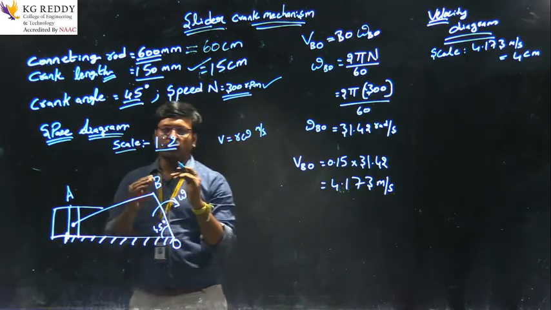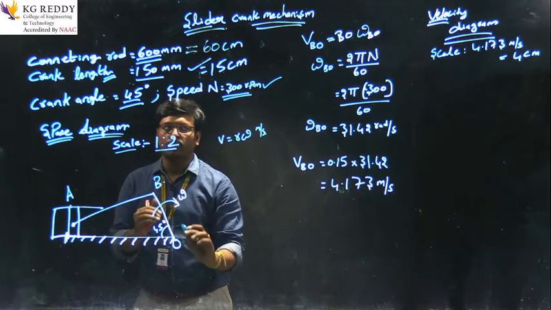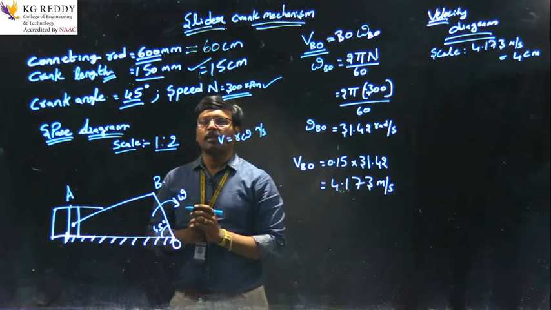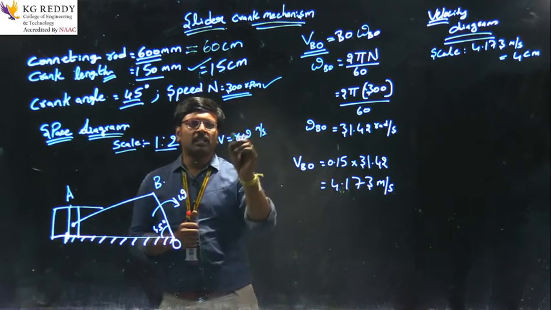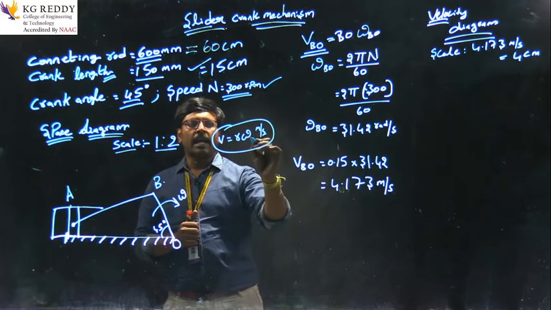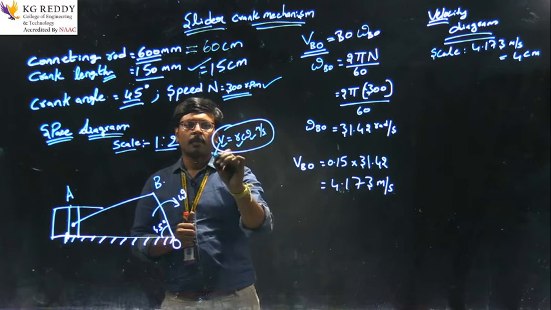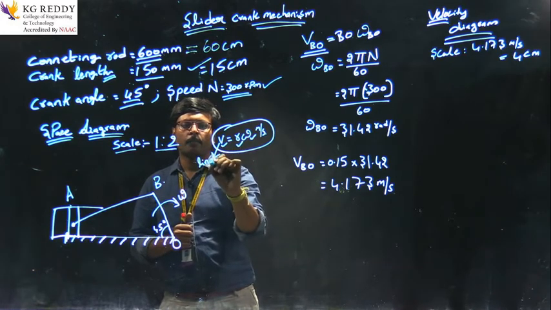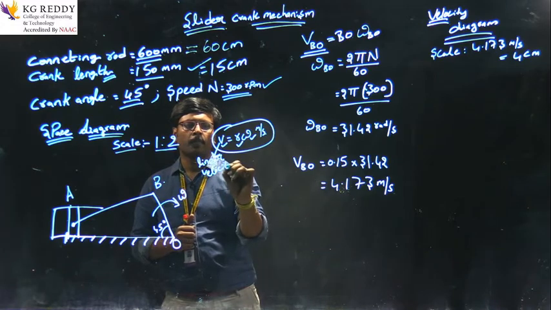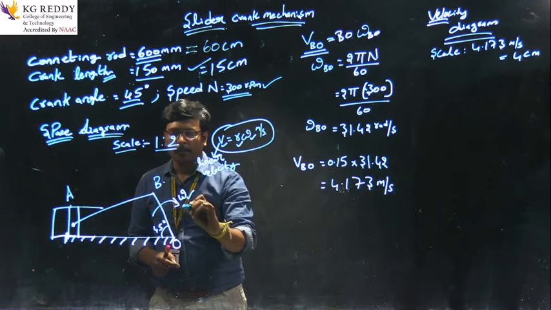So, the velocity of B with respect to O. The basic formula for velocity: linear velocity is angular velocity times radius. While the crank is rotating, we have an angular velocity.